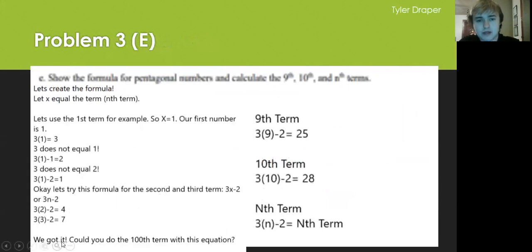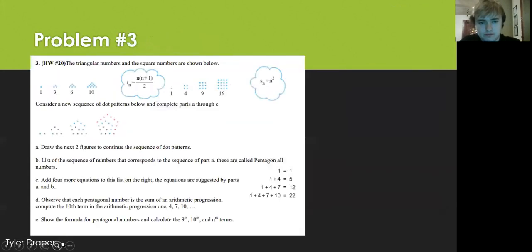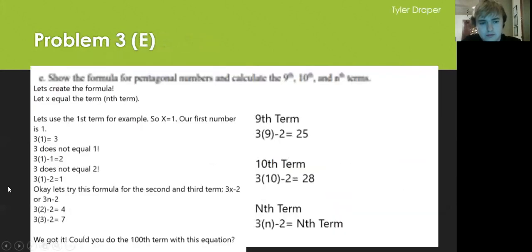We know that 3 times 1 equals 3. But we're looking for x, which should mean that 3 times 1 equals 3 should equal 1, and we know that 3 does not equal 1. So we're going to have to subtract from that coefficient, from our variable that we've created.